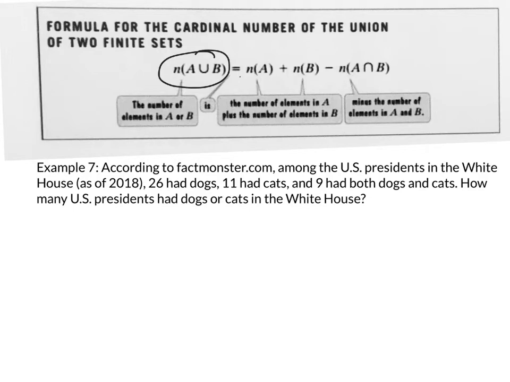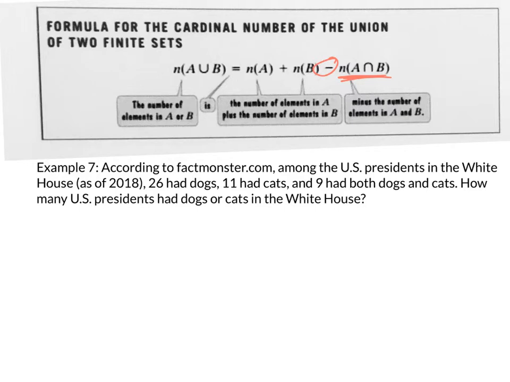It equals, first you're going to count up the number in set A, then you are going to add it to the number in the other set, set B, and then after you add it, you're going to subtract the number in their intersection, the number in their overlap.